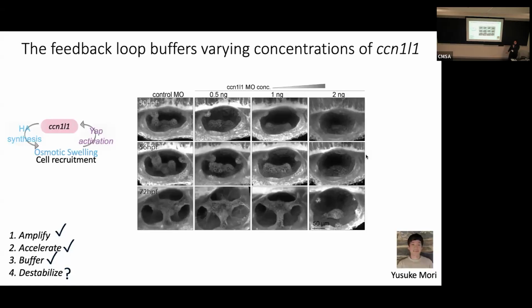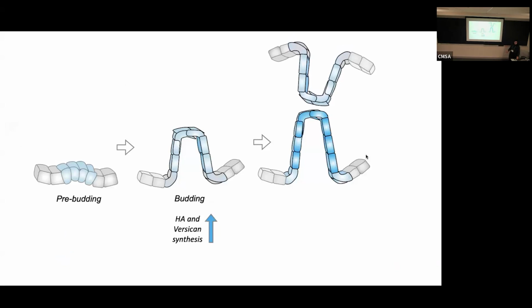So you just need a little bit in the beginning to kickstart the process, and it's enough to let the process keep going. Another feature that we know positive feedbacks have is that they can destabilize.